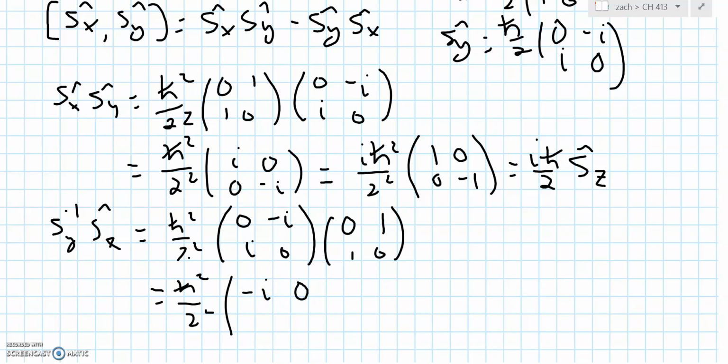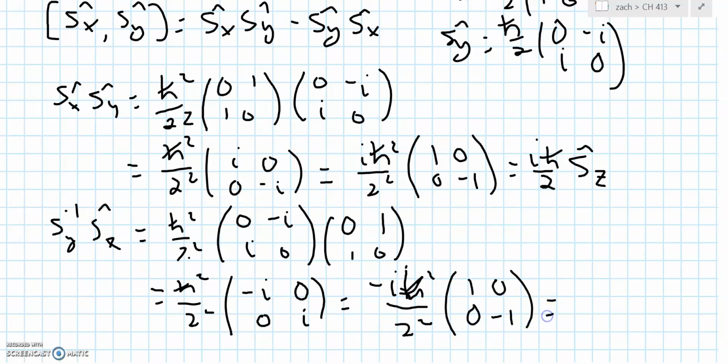And down below, we have 0 and then I. So if we pull out a minus I, we have minus I H bar squared over 2 squared times 1, 0, 0, minus 1. That's a terrible H bar. So yeah, exactly, you all remember that that's the SZ matrix. So this is minus I H bar divided by 2 SZ.